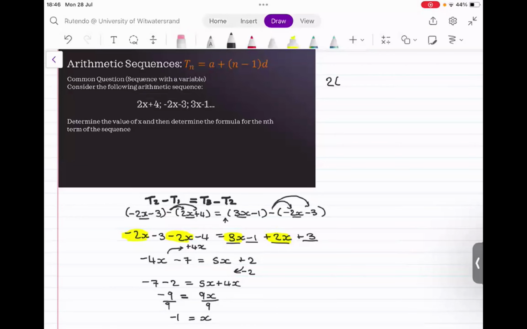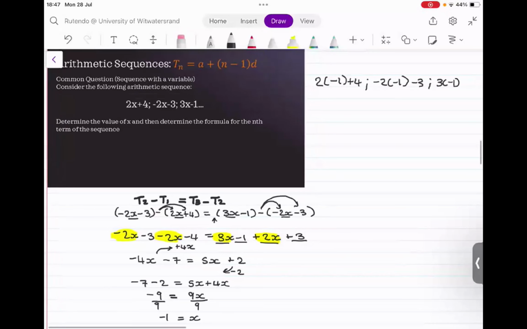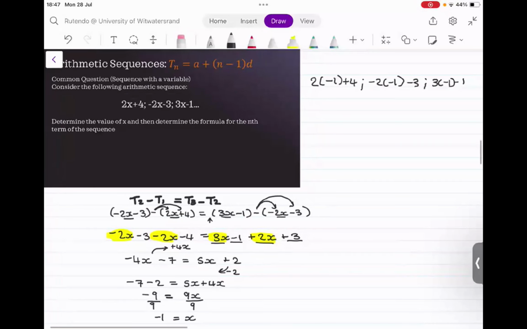So I'll have 2 times minus 1 plus 4, right? So that's my first term. Then I'll have minus 2 times minus 1 minus 3. That's my second term. And then I'll have 3 times minus 1 minus 1. That's my third term. Okay, what does this part give you? 2 multiplied by minus 1 plus 4.